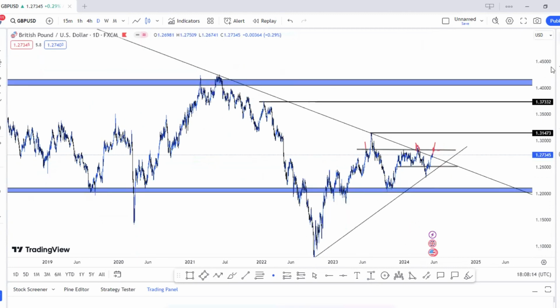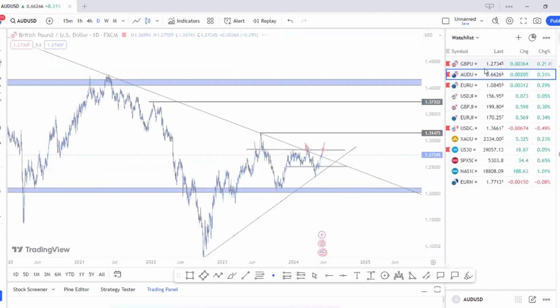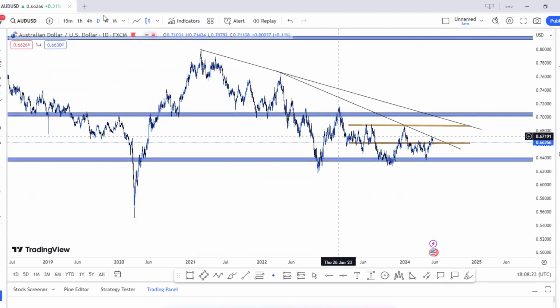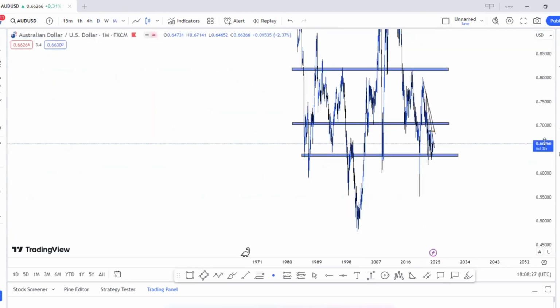Now the next pair on my list is AUDUSD. Let's start from the monthly time frame as well. We start our analysis from the monthly time frame.